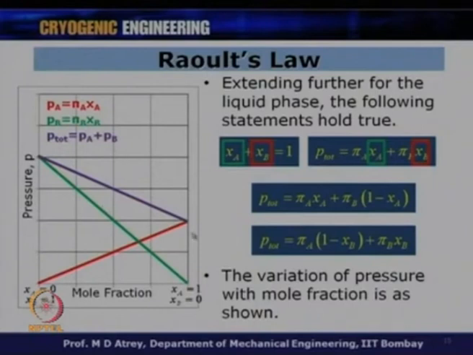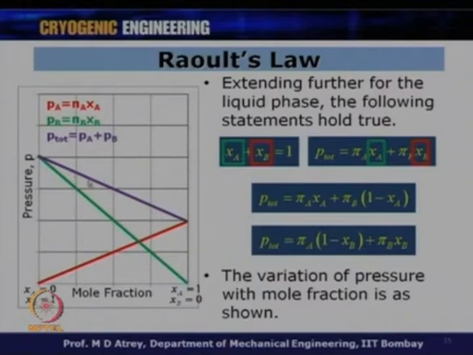So, at the two end points, PA is equal to 0, and therefore P total at this point will be equal to PB, while the P total at this point will be equal to PA. And at every intermediate point, we get the algebraic sum of these vertical heights, given by PA plus PB, and this is my P total.